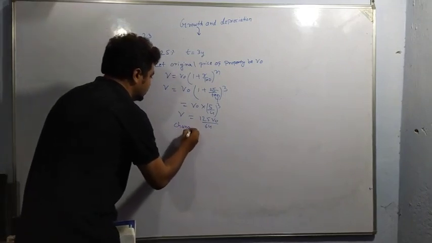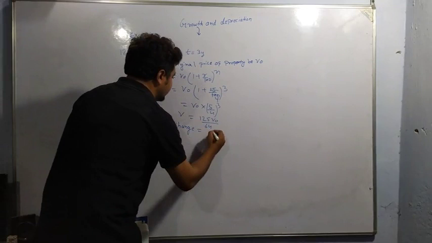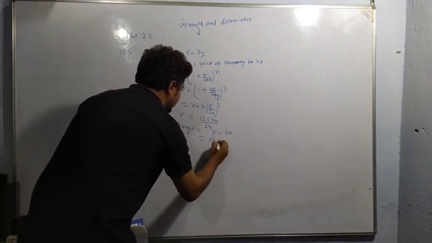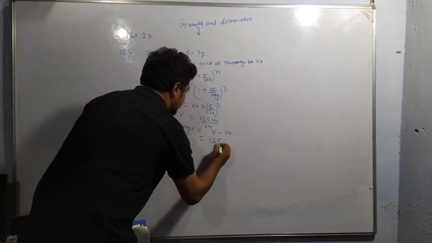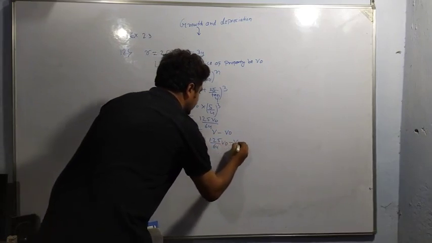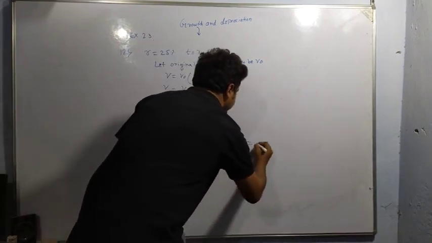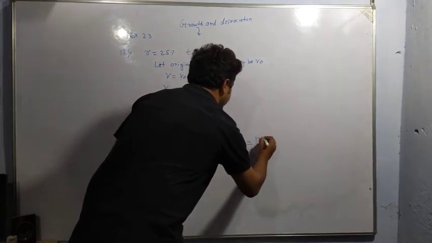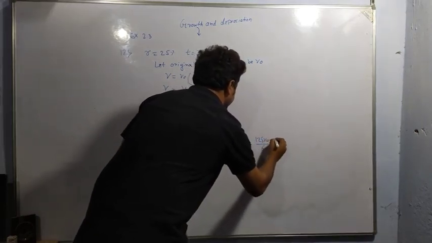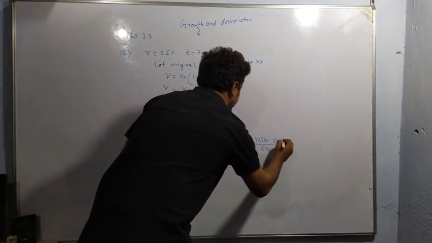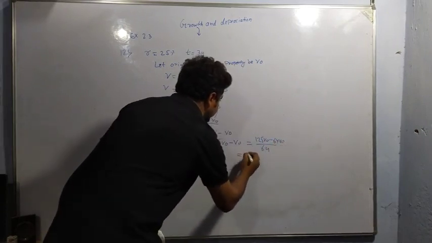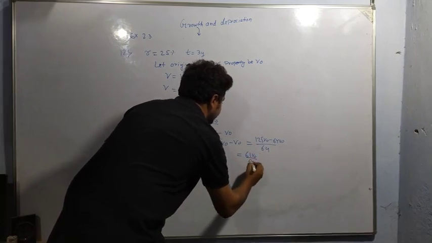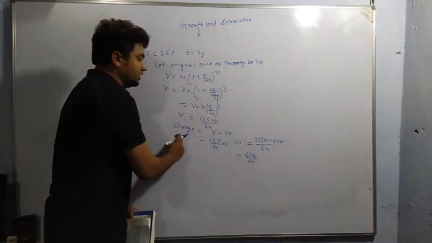Change is equal to V minus V naught, which is 125 by 64 V naught minus V naught. 64 is the LCM, so 125 V naught minus 64 V naught, which is coming out to be 61 V naught by 64. This is the change, means this is the increase.